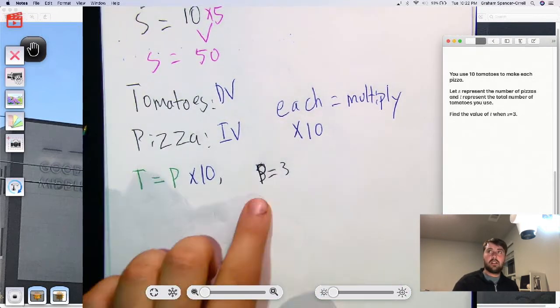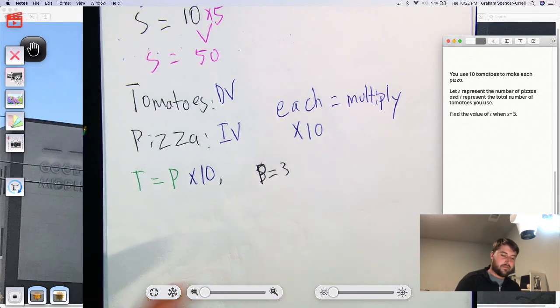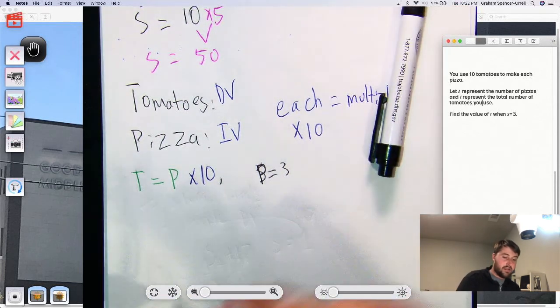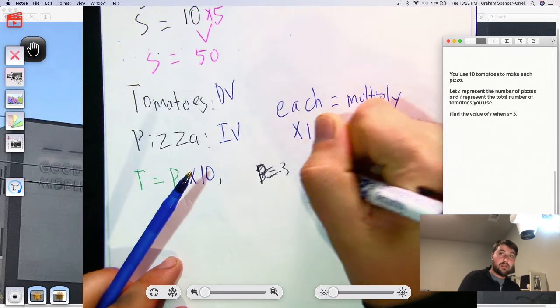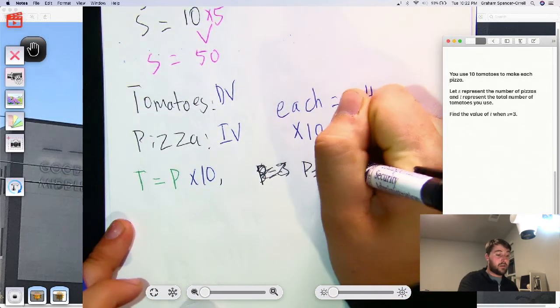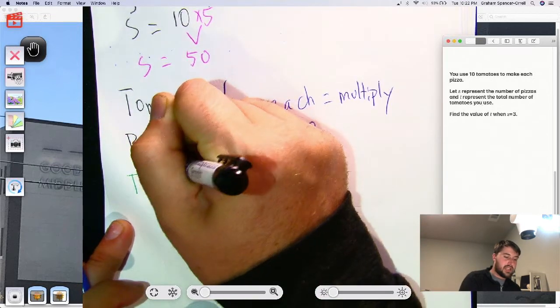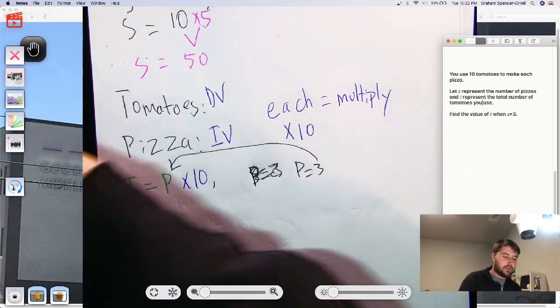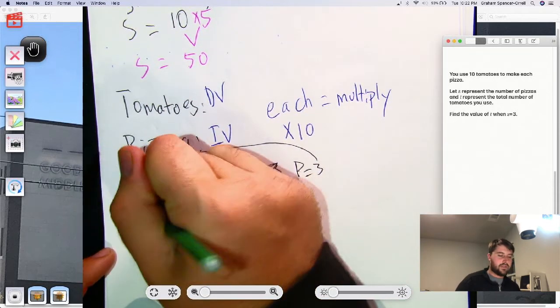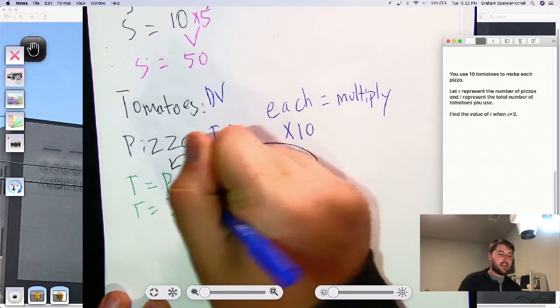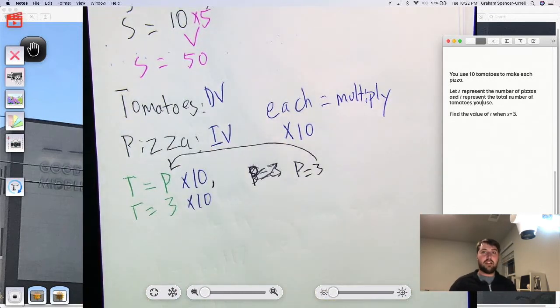Well, we're all going to do this together. P equals 3. We're going to substitute in 3 for P, then rewrite our equation. T equals 3 times 10. And I know that 3 times 10 is 30. So the number of tomatoes for 3 pizzas is 30 tomatoes.